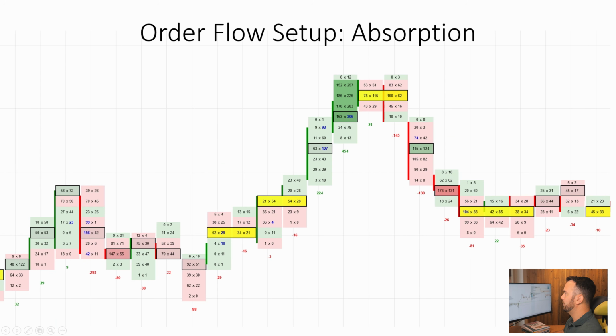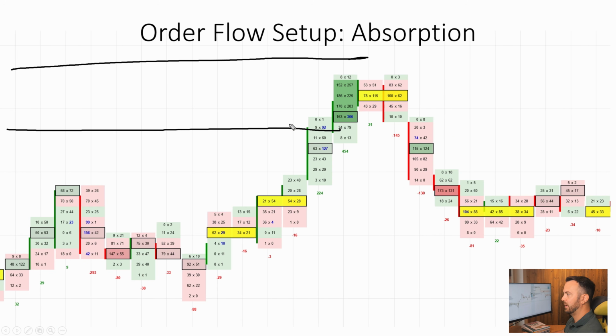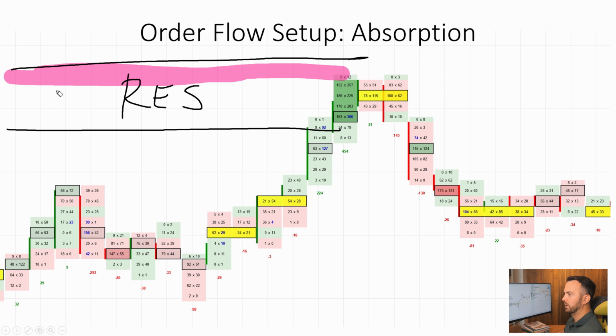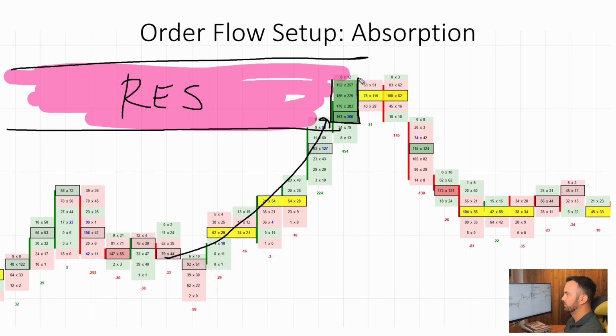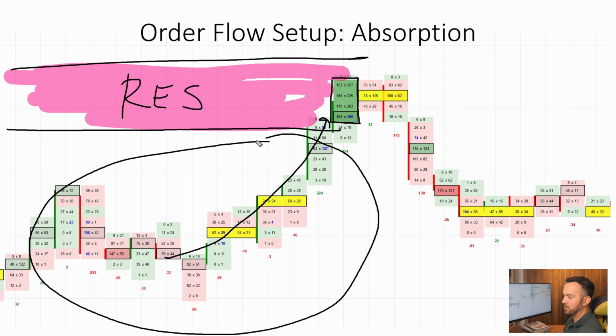So here's another example. Again, imagine that we have a resistance, for example, in here. This whole area is resistance. And when the price reaches that resistance, then you notice this. Unusually huge volumes both on bid and ask. Right? Again, you can compare the volumes in this block with, for example, this area.